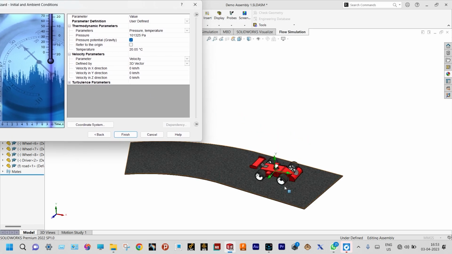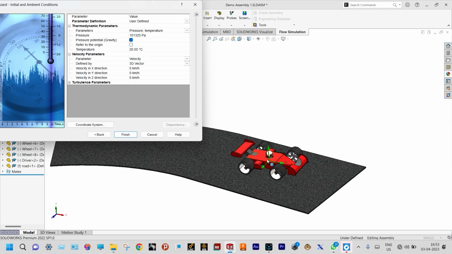You can see this is the model. The Formula 1 car will be moving along the x direction, so air will be moving opposite to that direction, right? Actually in this case the velocity of air is the main factor, because as the car is moving in the x direction, we need to consider the velocity of air in the opposite direction of x. Let us consider the car is moving with a velocity of 200 km per hour. In that case the velocity of air will be minus 200 km per hour, right?